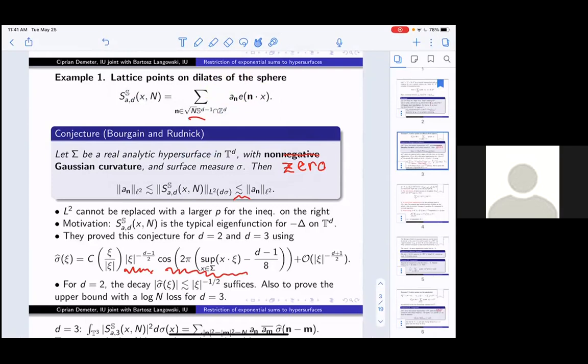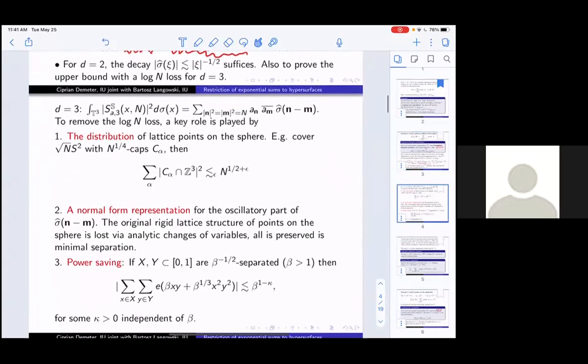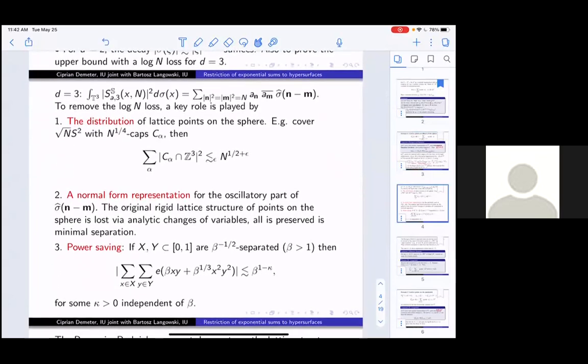And that proof, or these proofs, I should say, are very immediate. They are exactly what you expect. You take the square on both sides, you expand the sum, and you're left with some rather easy computations just using the decay. Now, things are much more complicated in 3 dimensions.